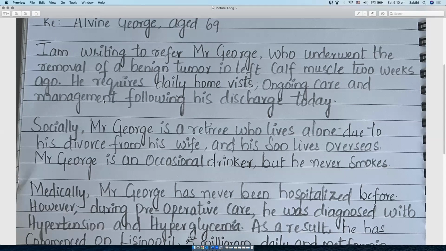The second parameter is called coherence and cohesion. It is all about how well you are connecting the sentences together as well as the paragraphs together to ensure there is a smooth flow of ideas. While this letter maintains a logical flow, a few transitions could have been smoother. For example, instead of using therefore, you could have used as a result, as a consequence, or consequently.